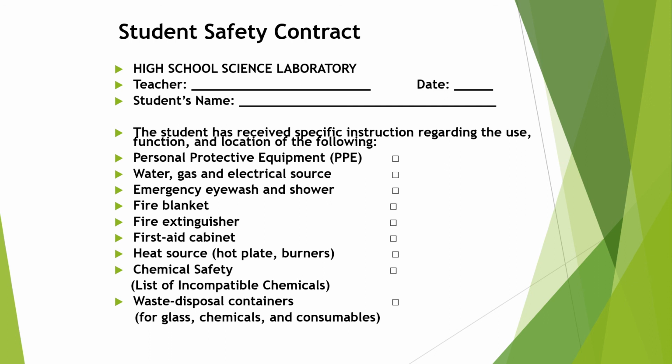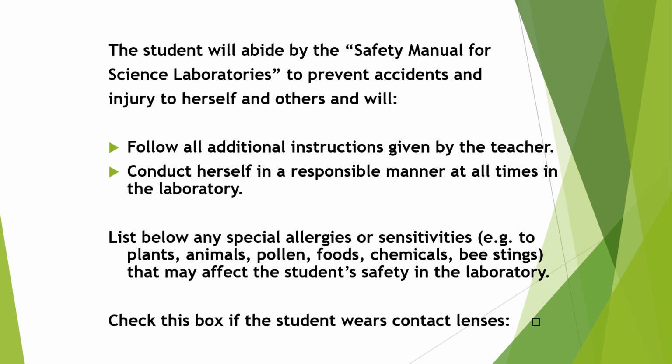So when you're giving a lab safety orientation, you cover everything so that after you issue a safety contract to the student, they will be able to check each box because you really gave an orientation about all these things. Okay. The student will abide by the safety manual for science laboratories to prevent accidents and injury to herself and others, and will follow all additional instructions given by the teacher.